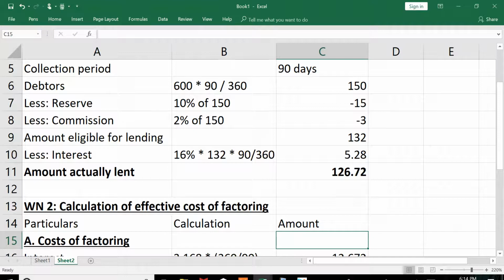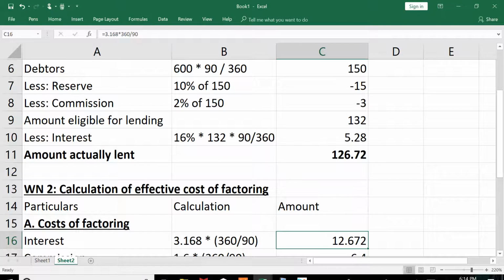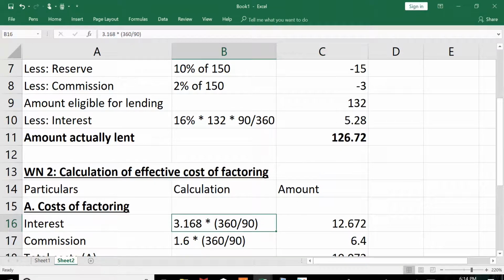Okay, now listen, interest is going to be this number into 360 by 90. Commission is this number into 360 by 90. The 90 days period calculation was this, into 360 by 90 you do it. 5.28 into 360 by 90.